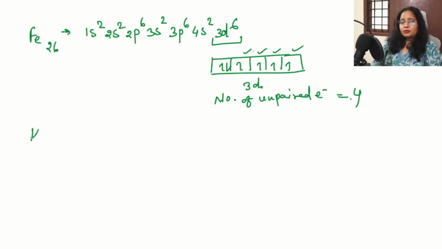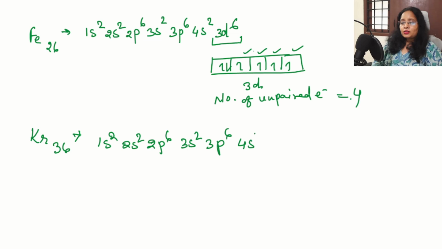Next is krypton. Atomic number is 36 and we already know that krypton is a noble gas, and it means there is no partially filled orbital, but we should check. Let's see how. 1s2, 2s2, 2p6, 3s2, 3p6, 4s2, 3d10 and then 4p6.